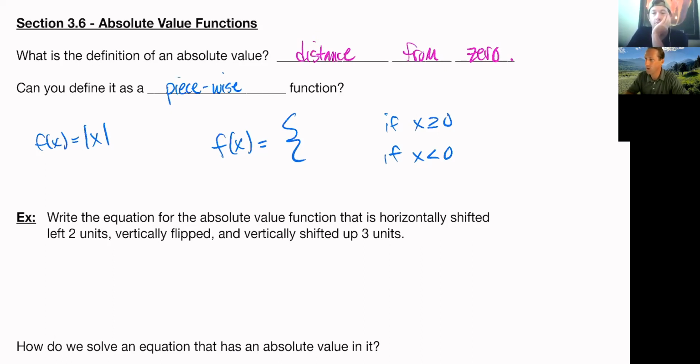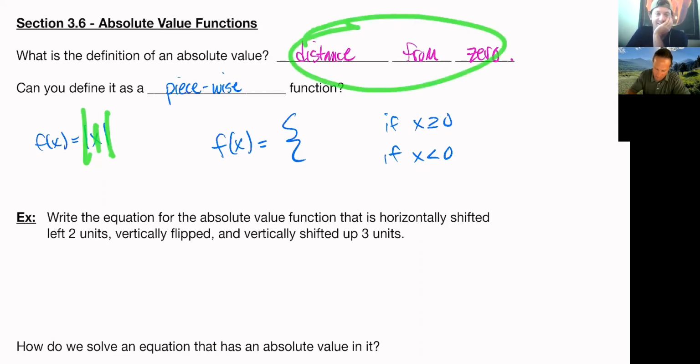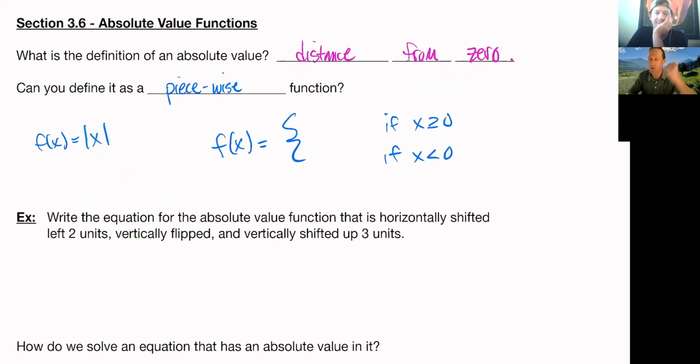1. Way to think outside of the box. Very good. If I stuck in 1 in here and I took the absolute value, what is the distance from 0 that 1 is? 1. Excellent. With enthusiasm. 1. Which I get means kids, man. I'm tired. I get it. What if I stuck in 2 or 3 or 2/3?